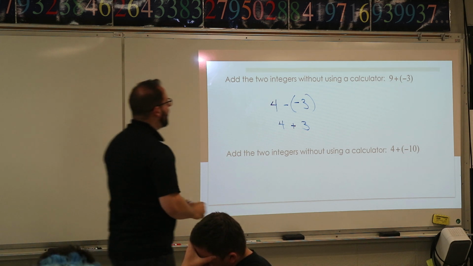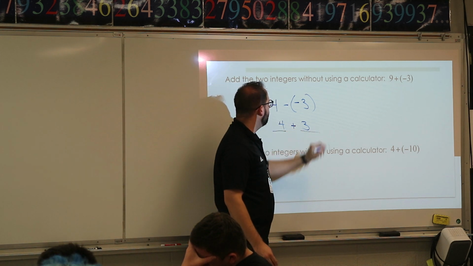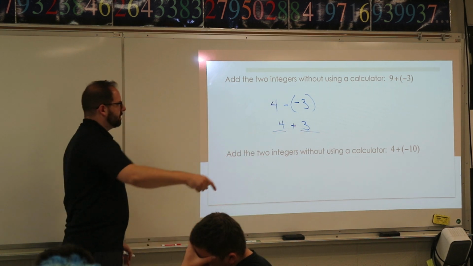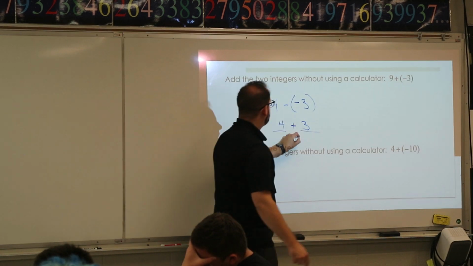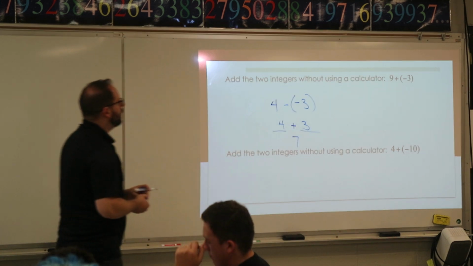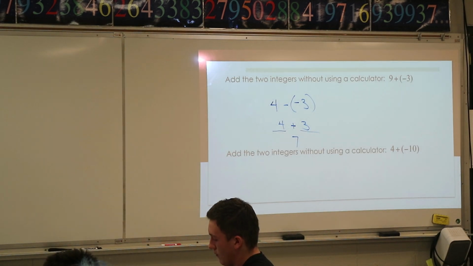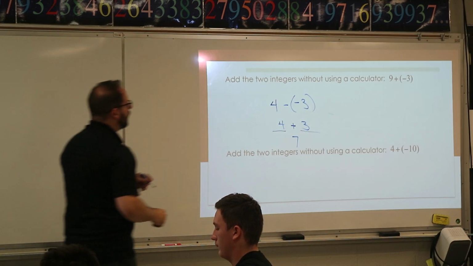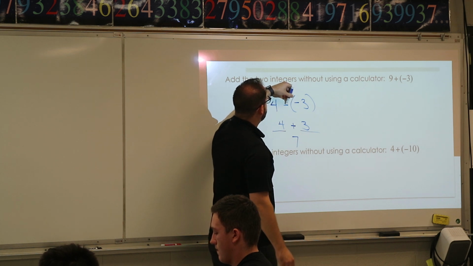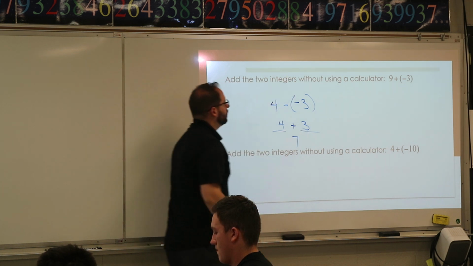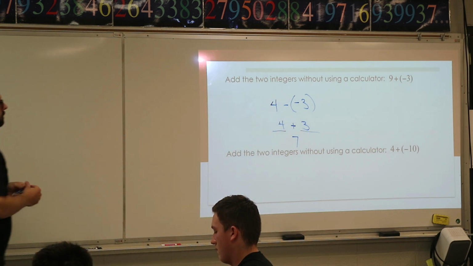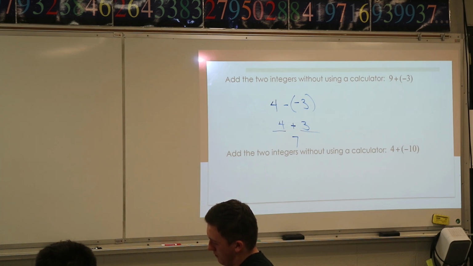And so in this case, now that the numbers are the same type of number, one's positive 4, one's positive 3, you can just add these together and you get 7. And it is positive 7. The double negative sign, it's this weird quirky rule where you're doing the opposite of a negative. That's actually what it stands for. So it's definition of subtraction or opposite of a negative, which is positive. All right, questions on the double negative sign?